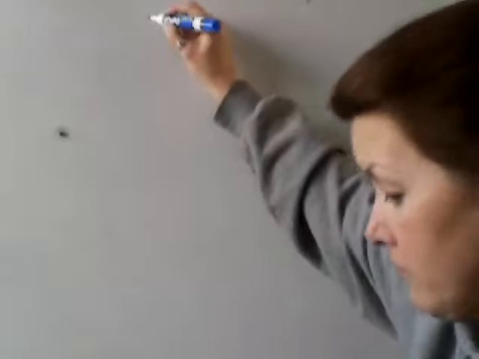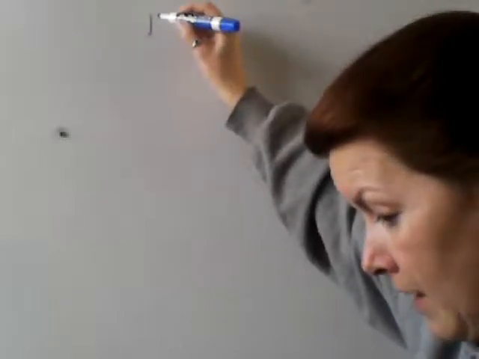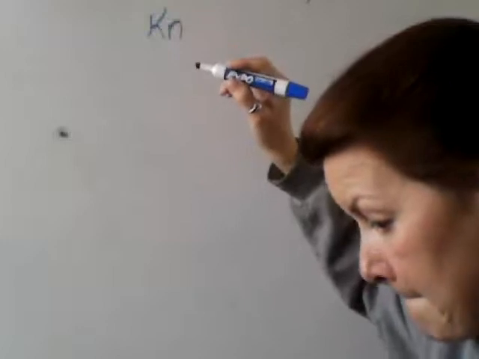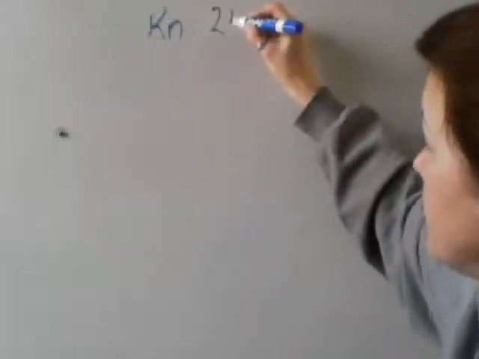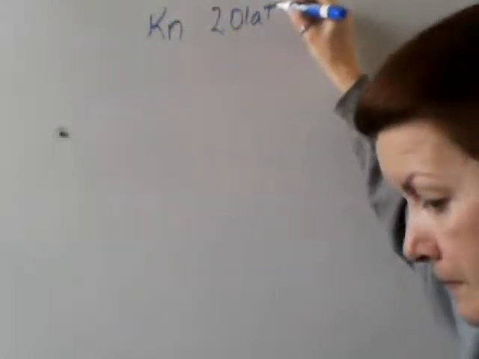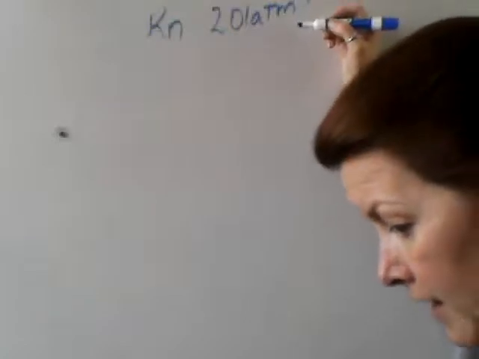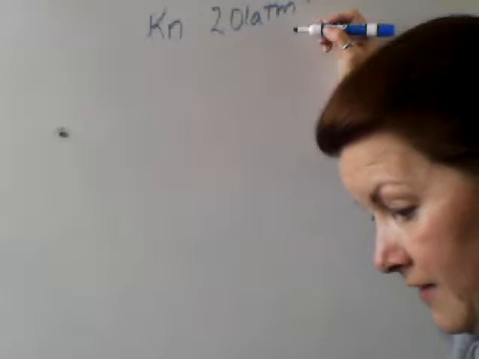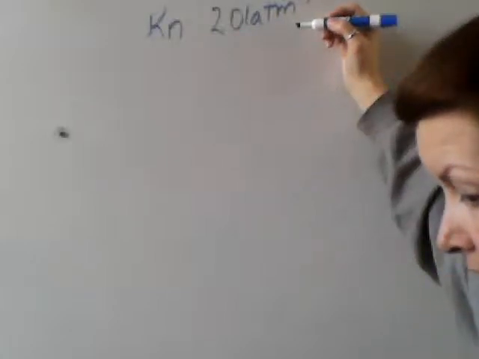It says, what is the mole fraction of each component of a gas mixture that contains radon at a pressure of 2.01 atmospheres, and diarsenic pentoxide. So we're going to have to figure out how to write that.